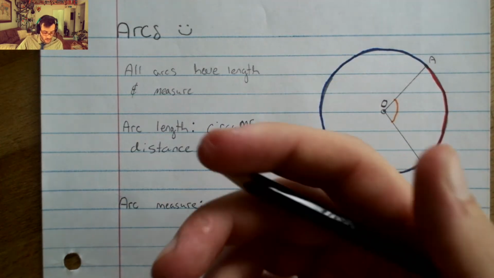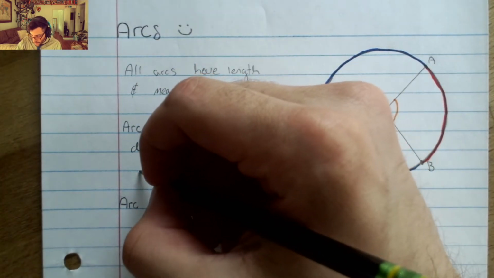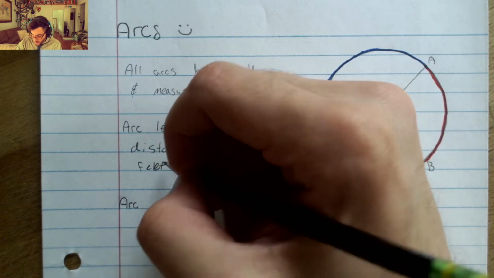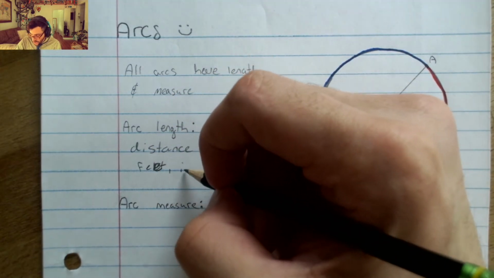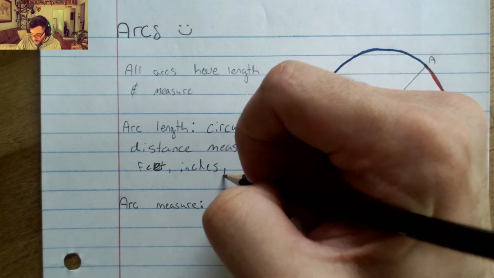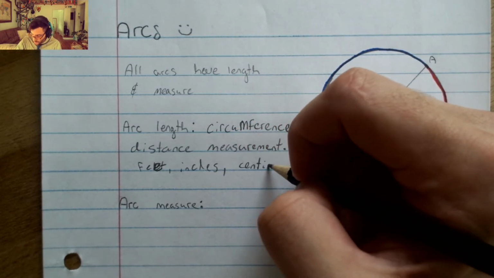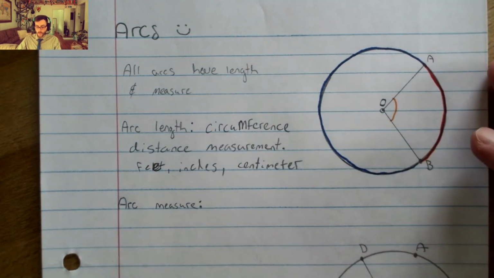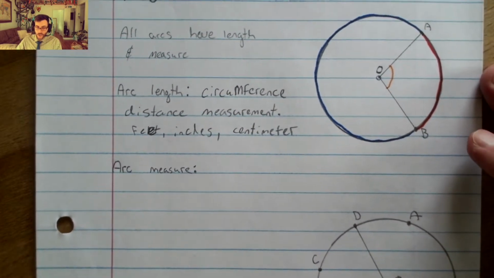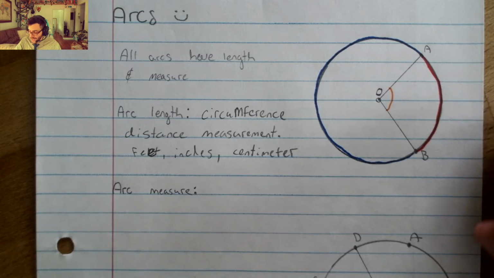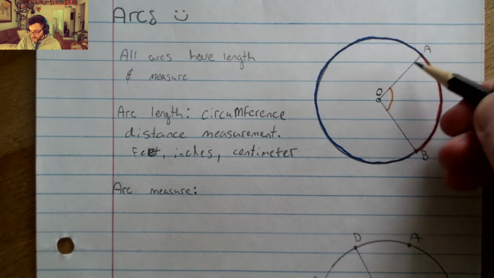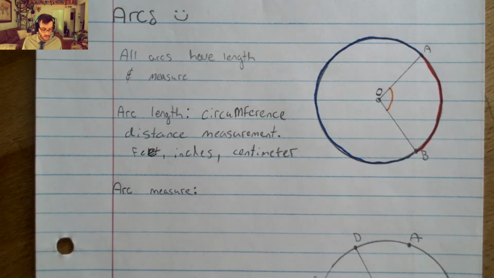Examples of things like that are going to be feet, inches, centimeters, miles, kilometers, all that stuff. Next, when we're talking about our arc measure, we're referring to, once again, that central angle, this reference point, almost theta, if you will.